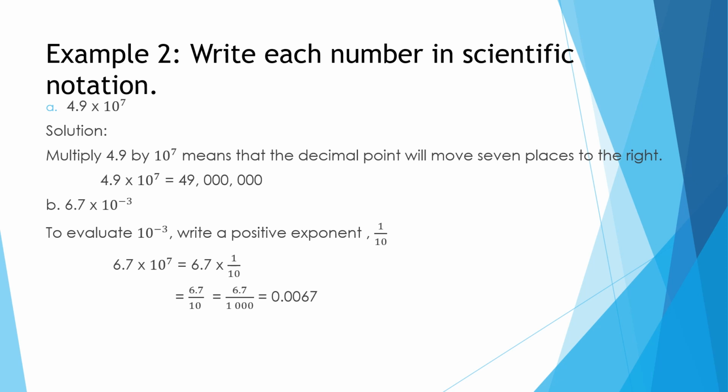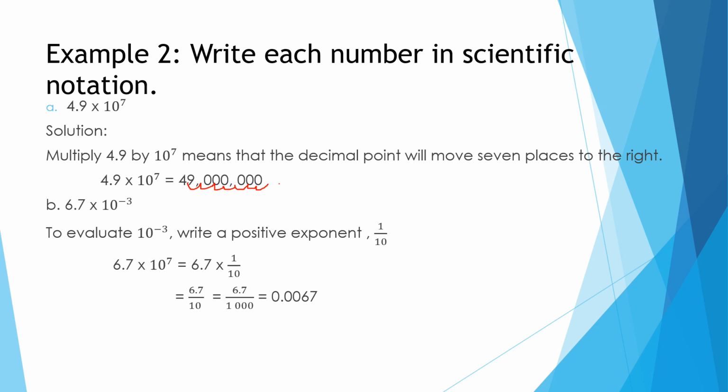So start with 4.9, that's 49, and then you add 6 zeros. That means there are 7 places moved: 1, 2, 3, 4, 5, 6, 7. That's why that is the answer.